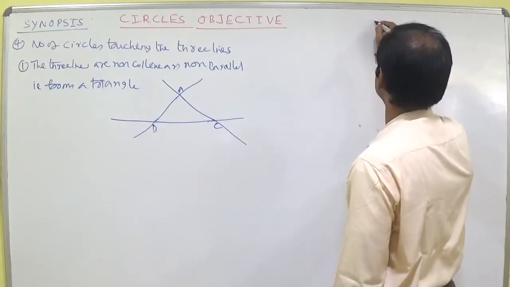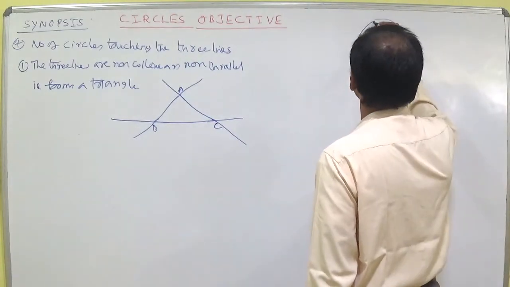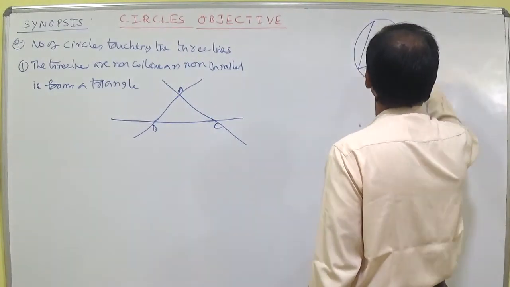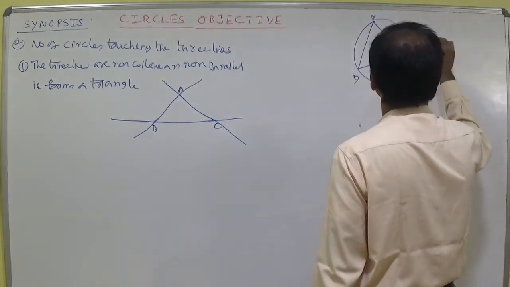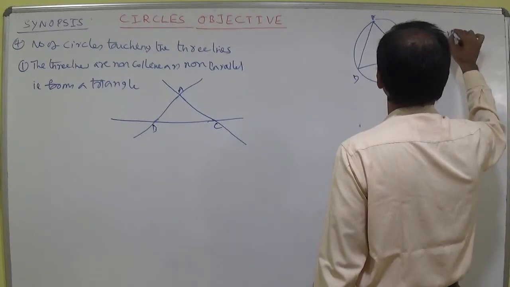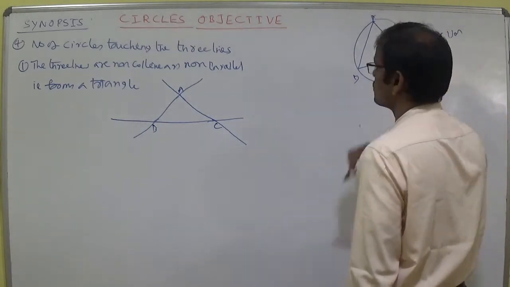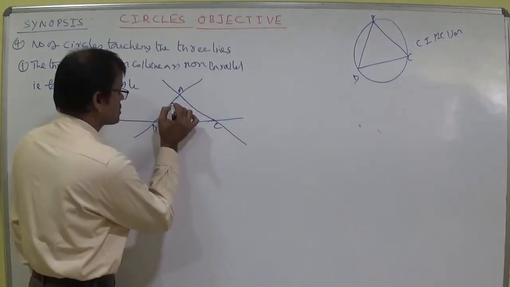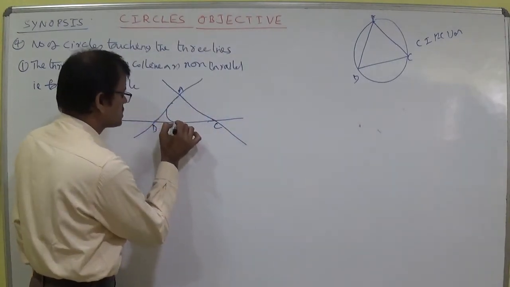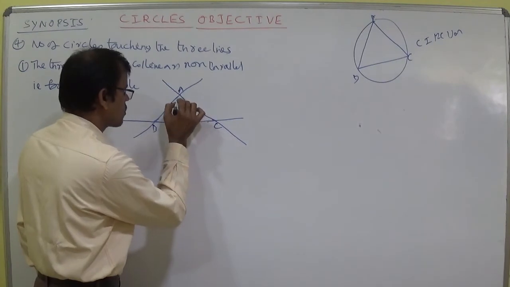You can get a doubt: this one also is there. The circle which passes through the vertices of the triangle is called a circumcircle. This is a circumcircle, meaning it is touching only vertices, not sides. So here you try to understand. I am discussing the circle which touches all the three lines.